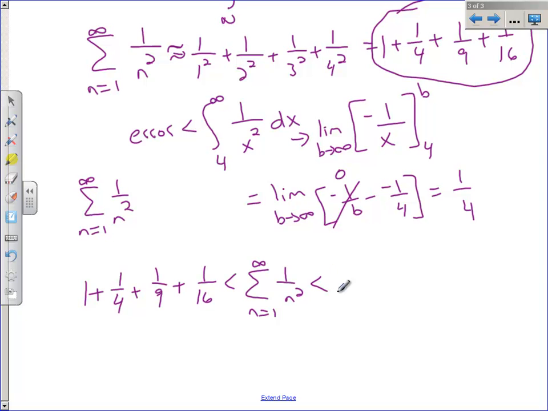And the series is bounded by my approximation plus my error. This was the error. So if I take my summation and I add that error statement, I know that the actual value is in between those two numbers.